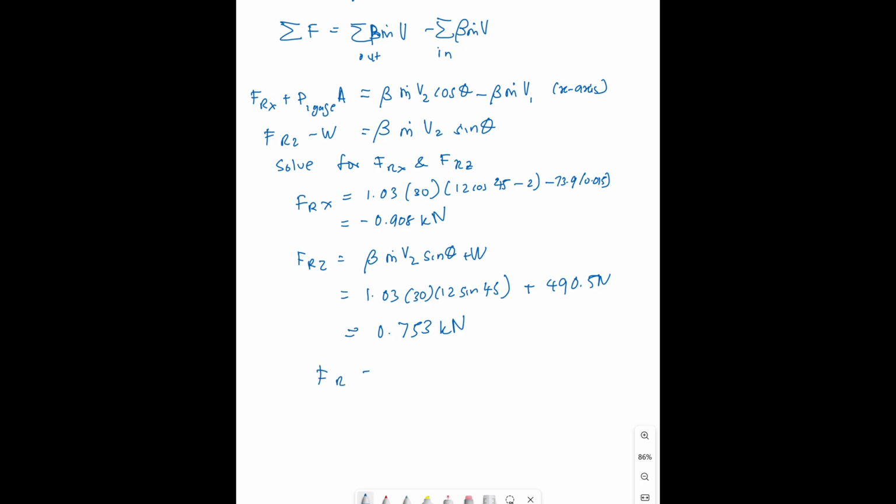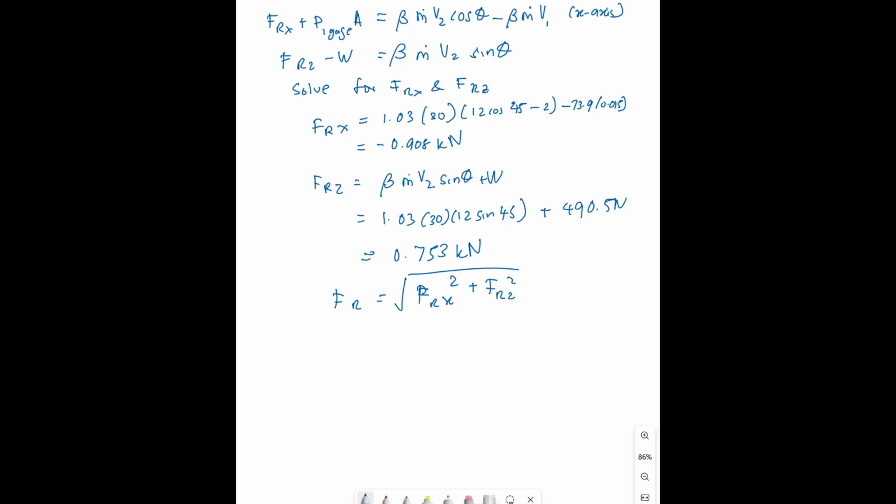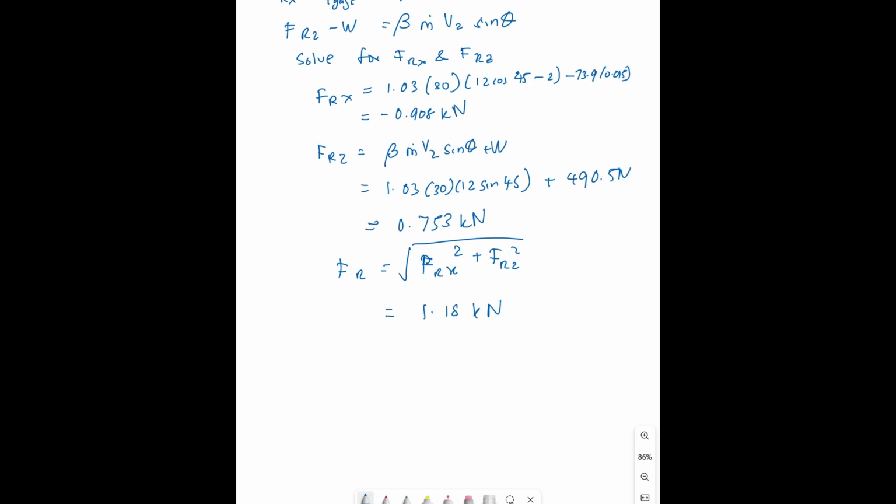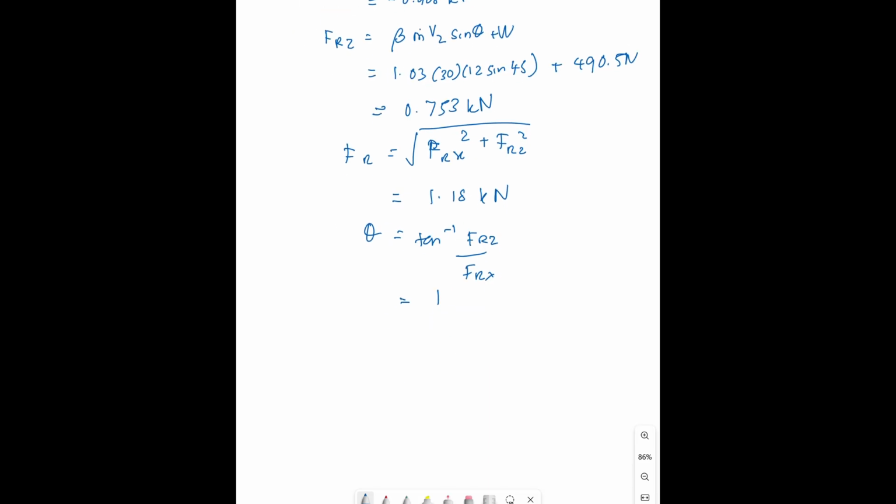So Fr, the anchoring force, is equal to the square root of Frx squared plus Frz squared. We get 1.18 kilonewtons, and the angle theta is tan inverse of Frz over Frx, equals tan inverse of 0.753 divided by 0.908.